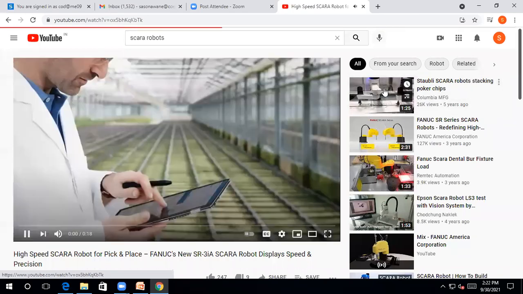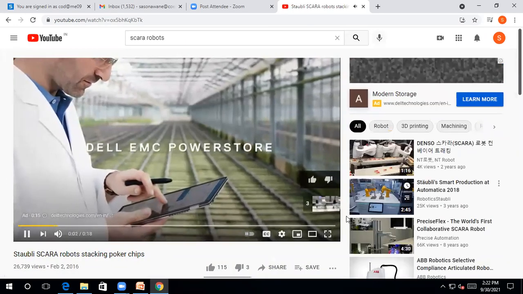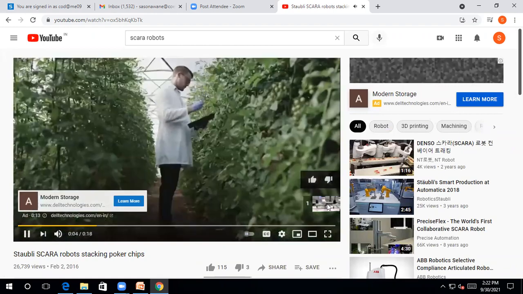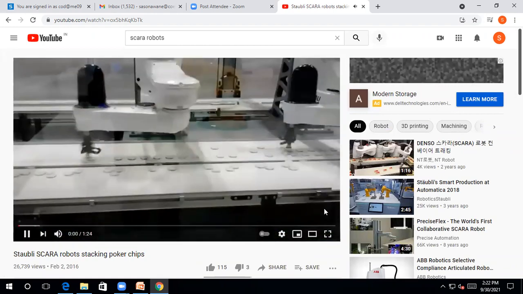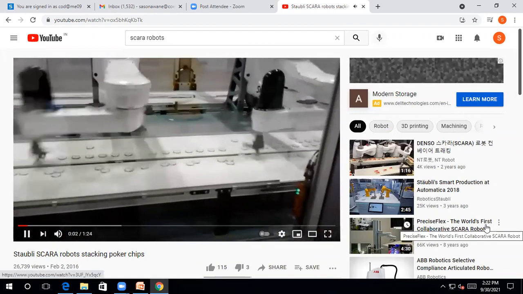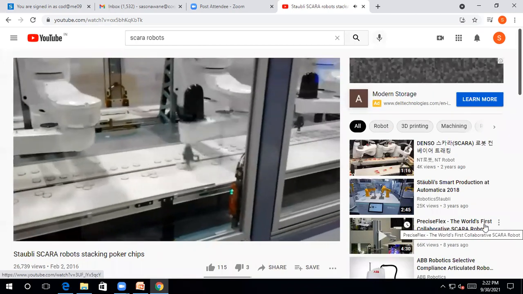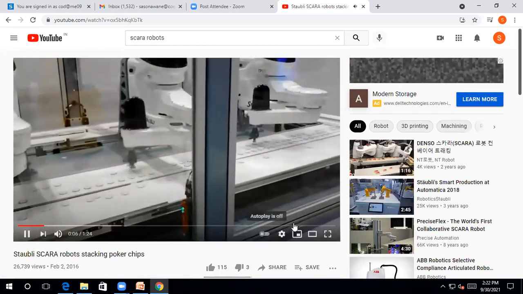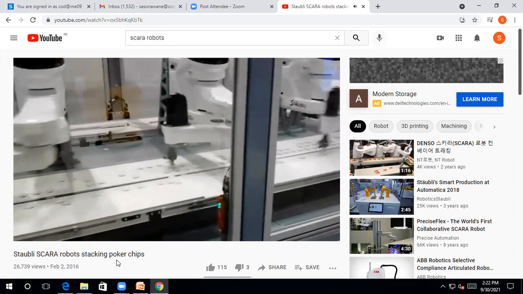Now next, see that this is also a SCARA robot. Stacking poker chips.